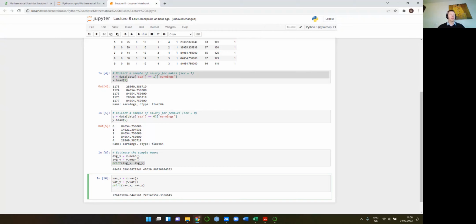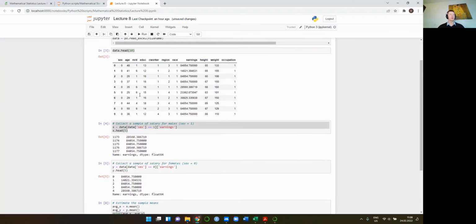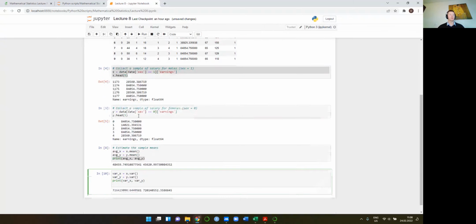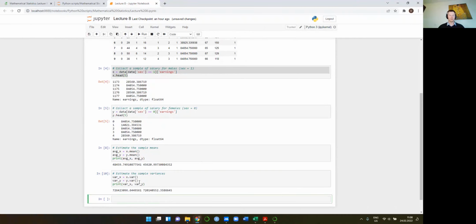And also we want to count how many observations we have in males and females. So here we estimate the sample variances. And also we want to calculate the sample sizes.